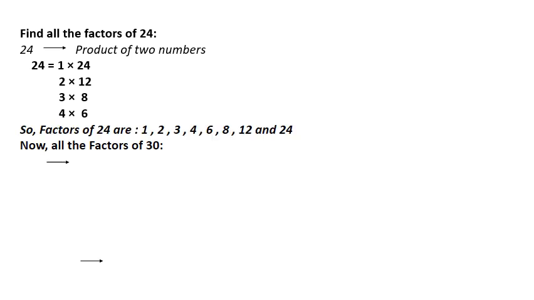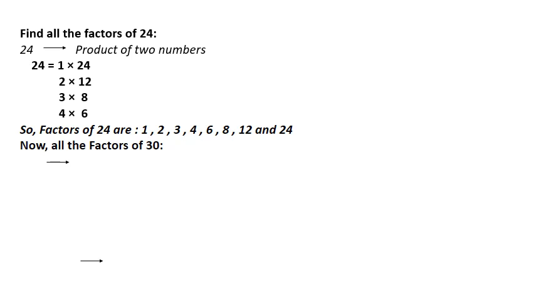So here the factors of 24 are 1, 2, 3, 4, 6, 8, 12 and 24. Now let's see one more example, how to find all the factors of 30. Here also we'll follow the same approach, that we will think of all the possible combinations for 30.